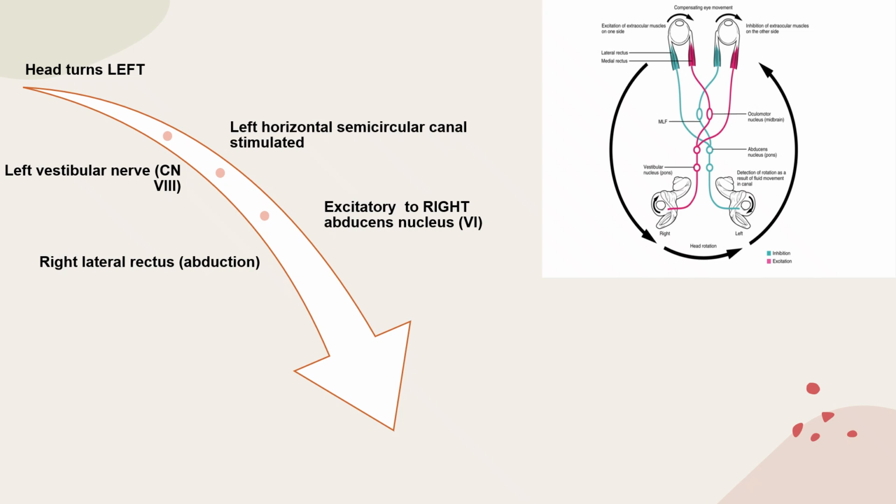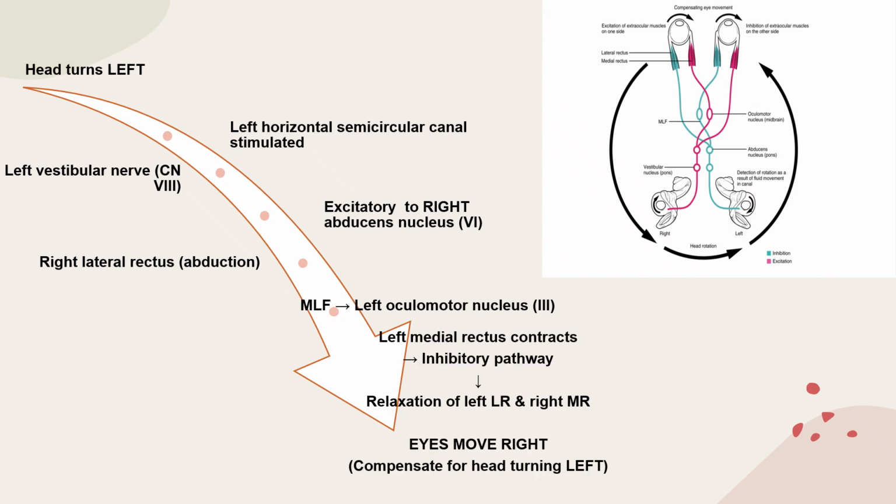The right lateral rectus is stimulated and leads to abduction. Via MLF, the left oculomotor nucleus is stimulated and the left medial rectus contracts, and there will be an inhibitory pathway and relaxation of the left lateral rectus and right medial rectus, and the eyes move towards the right, and that is the compensation for the head turning towards the left.